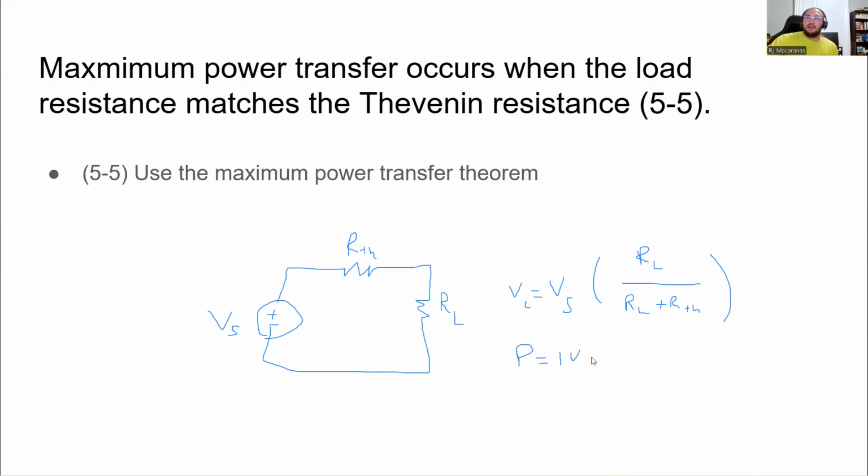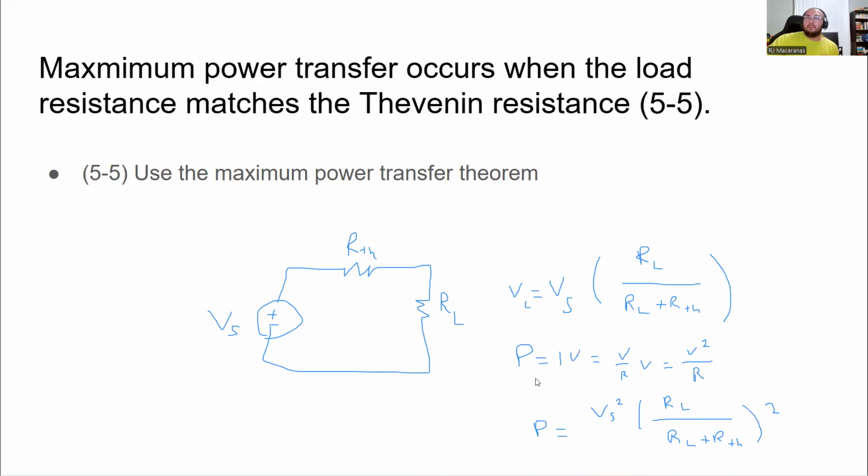P is I times V. If we know that I is V over R, then by Ohm's law, power is V squared over R. So basically we've got P equal to this whole thing: Vs squared times RL over RL plus R Thevenin, and this is squared.